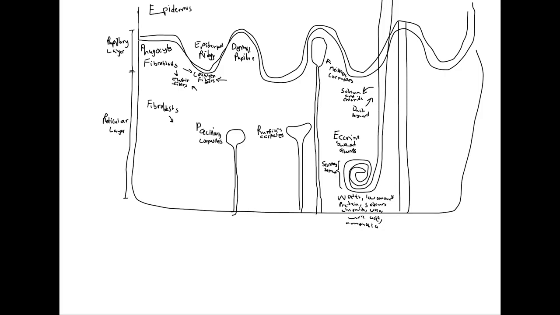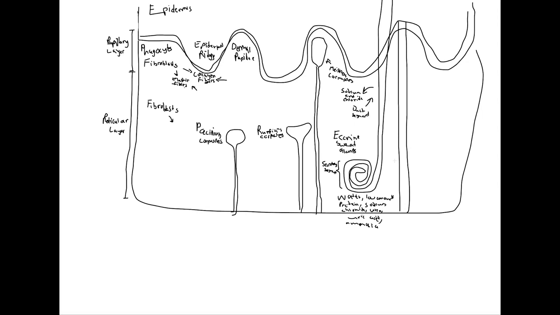So one of the main functions of sweating is thermoregulation. So you're going to lose heat via sweating, and you don't want to lose that many electrolytes when you're sweating. So you're going to reabsorb these sodium and chloride ions.